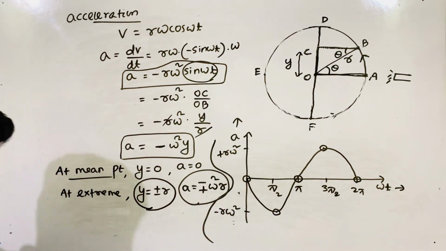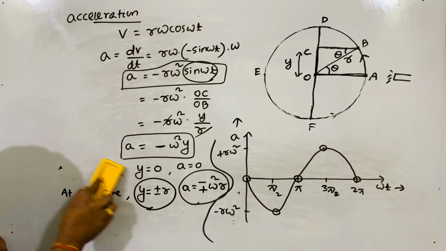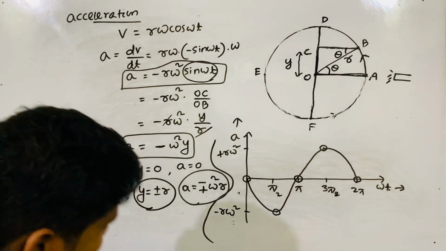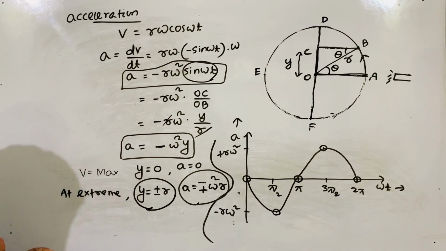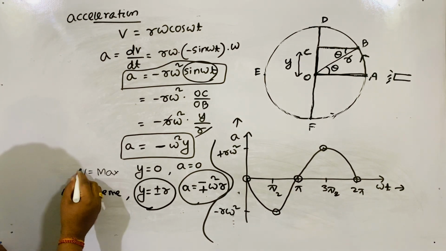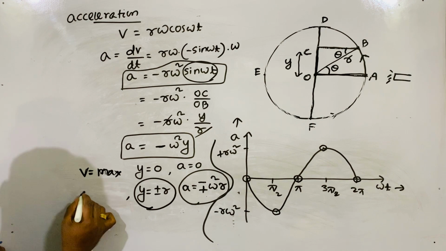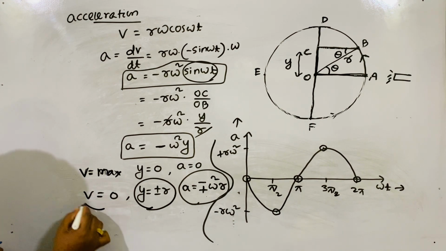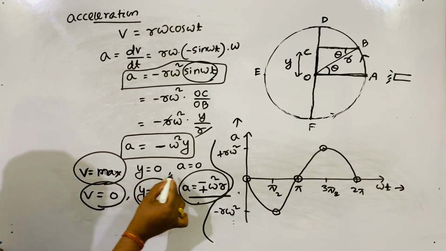Again another question is coming here. So check here, I am writing: at mean position, velocity is maximum. At extreme position, velocity is 0. See, velocity 0 but acceleration maximum; velocity maximum, acceleration 0.